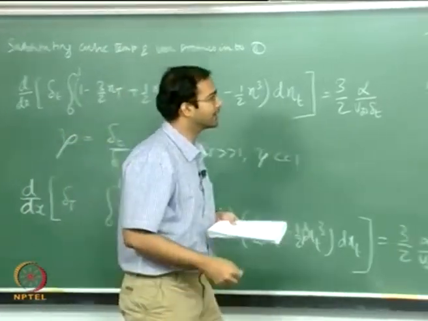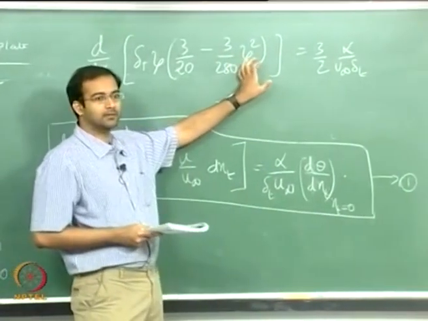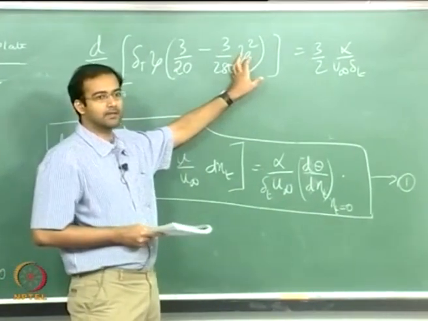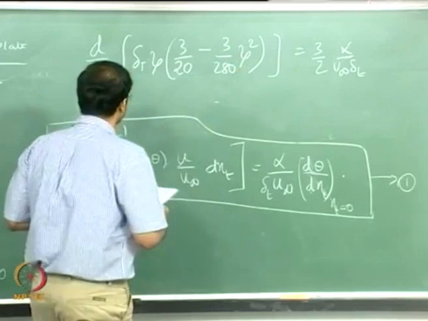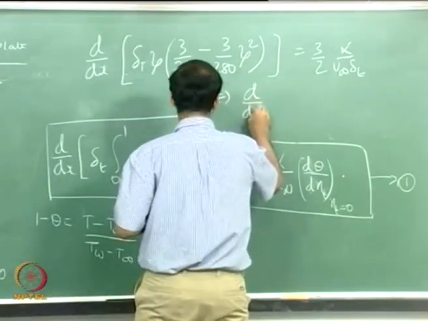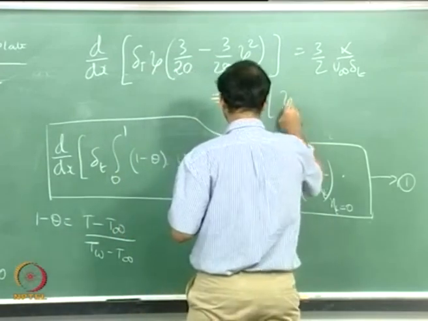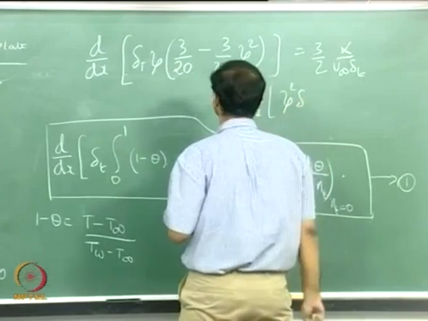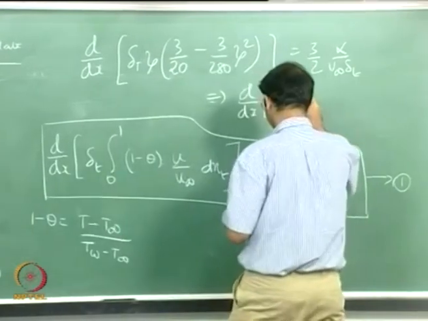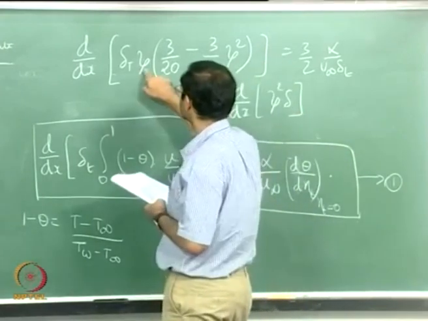Okay, so if you bring in that approximation, you can neglect the higher order terms in terms of zeta. Okay, they are very, very small. So therefore if you retain only the most significant term, it will be the first term. So this will be 3 by 20 into zeta delta t.